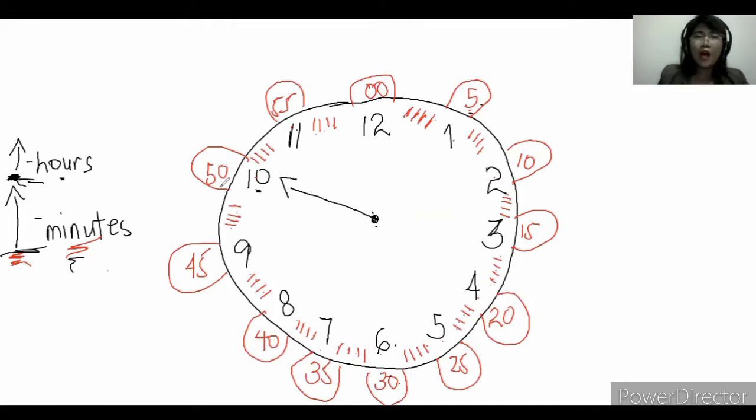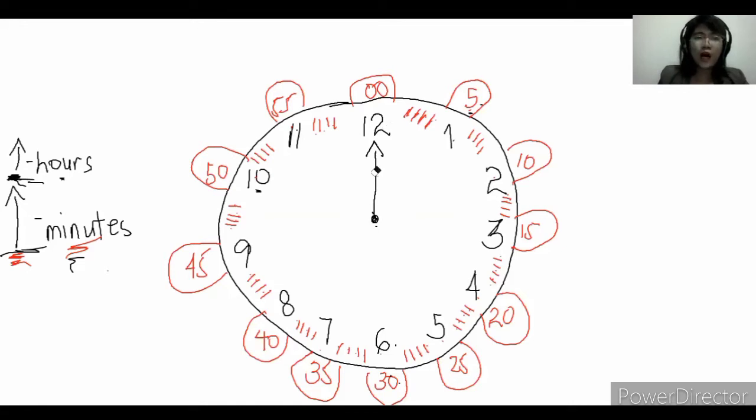When the long hand points to 12, you will say o'clock. Okay? O'clock. It's very easy. You will say o'clock.